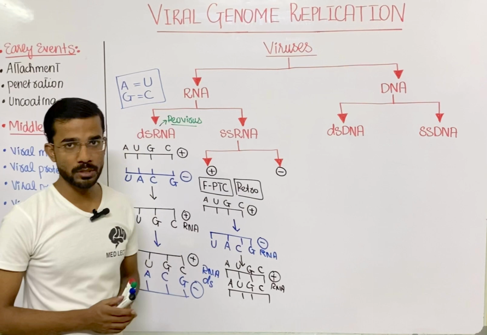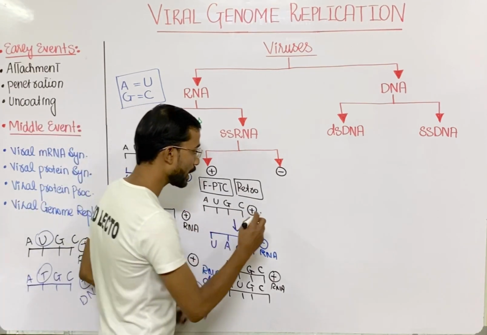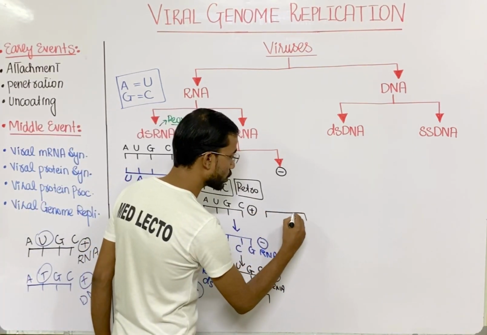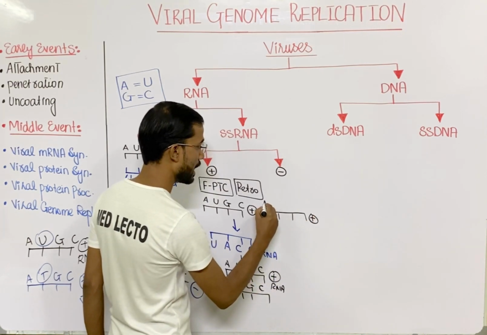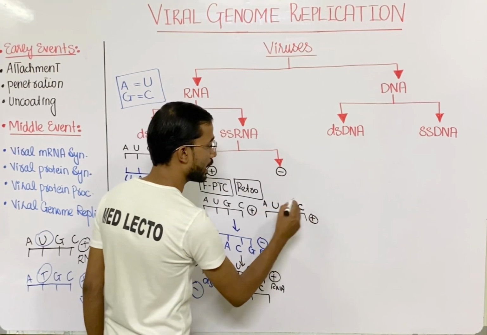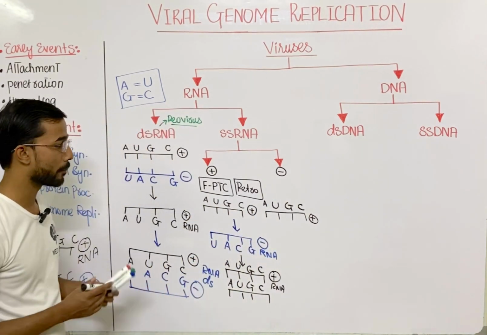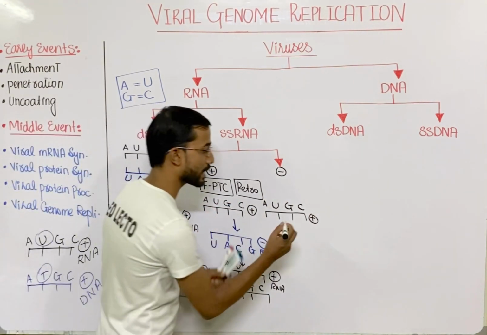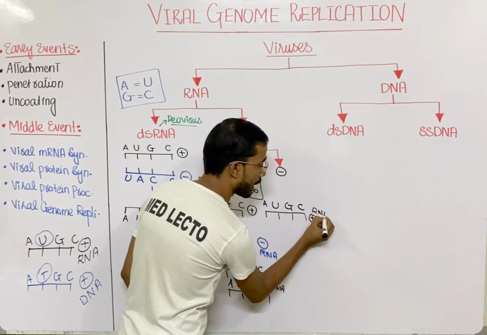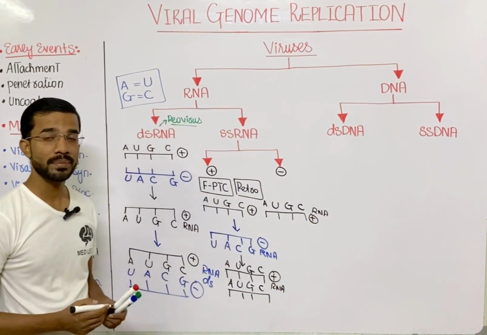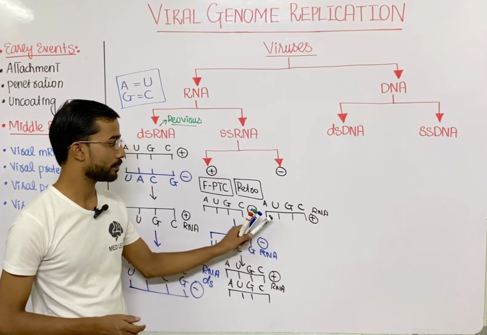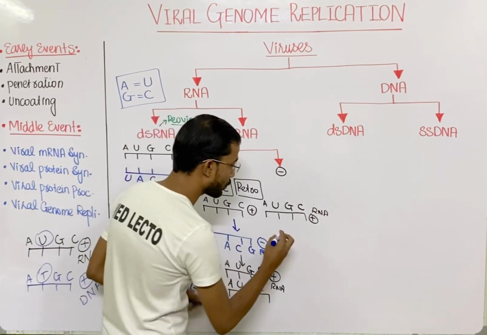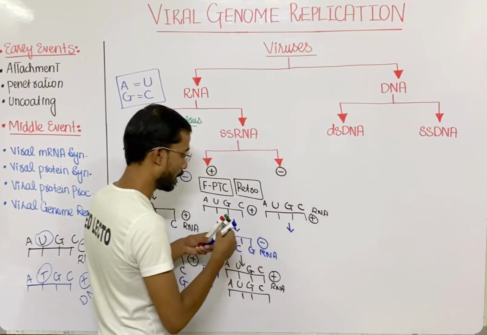Retrovirus is an exception. In the retrovirus you will see a similar positive strand RNA, AUGC, the positive. First of all, this is the RNA. From the RNA, it will first convert into DNA.